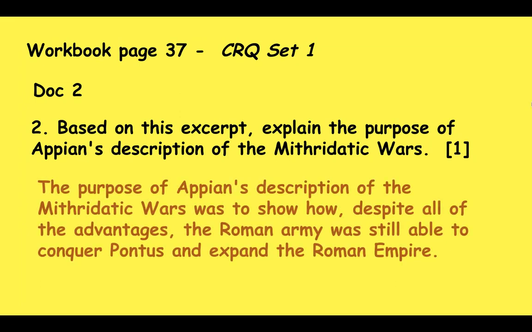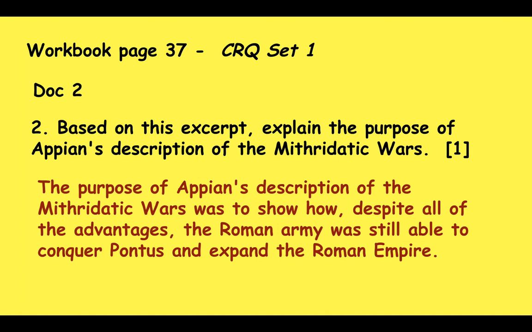Okay, my friends, this is what I said. Again, your answer might be different. I said the purpose of Appian's description of the Mithridatic Wars was to show how, despite all of the advantages, the Roman army was still able to conquer Pontus and expand their empire.